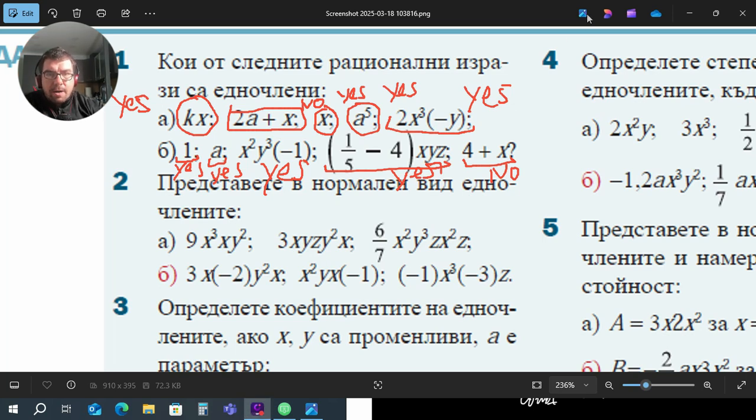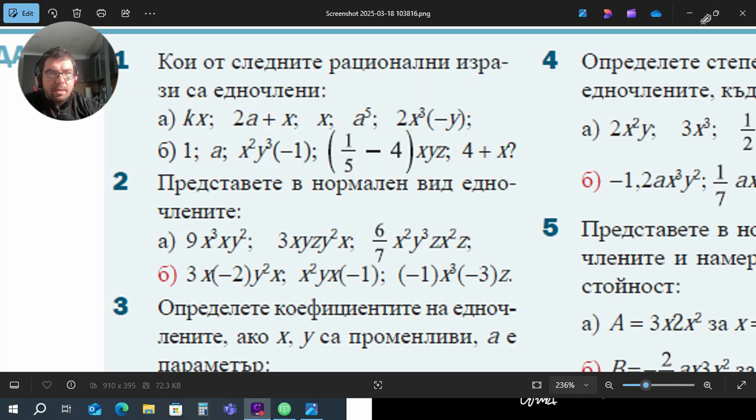Makes sense so far? Okay, you can review these exercises later if you want to try again for yourself. We want to know what is the standard form of a monomial.